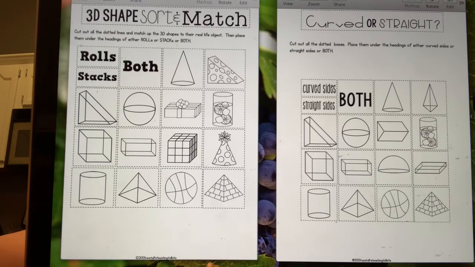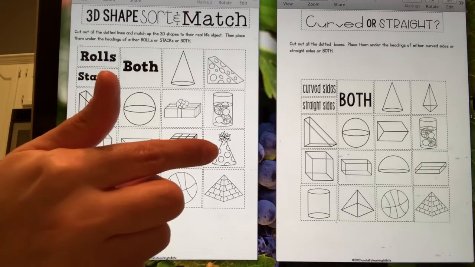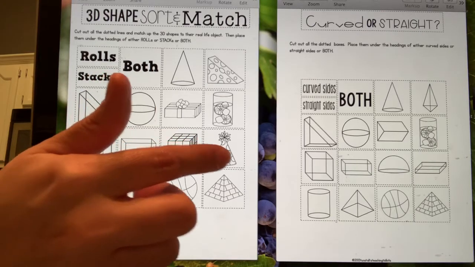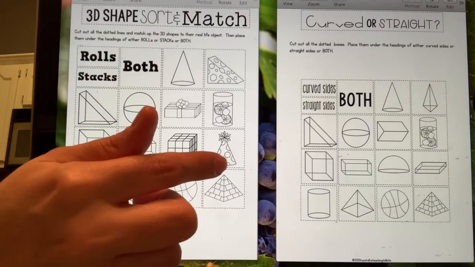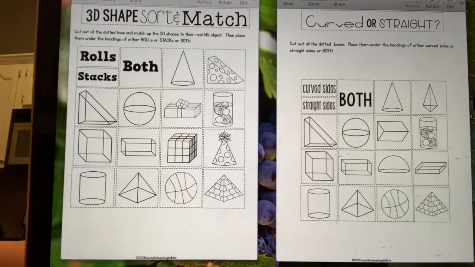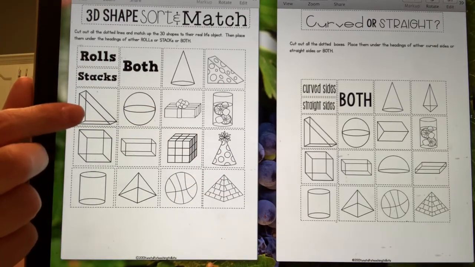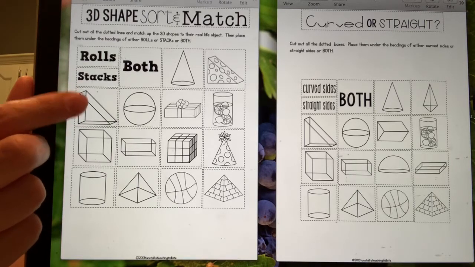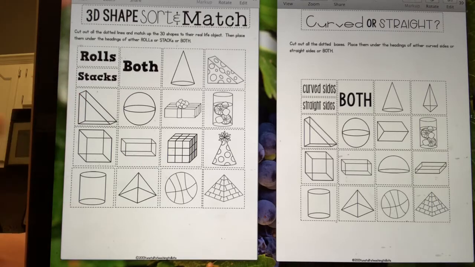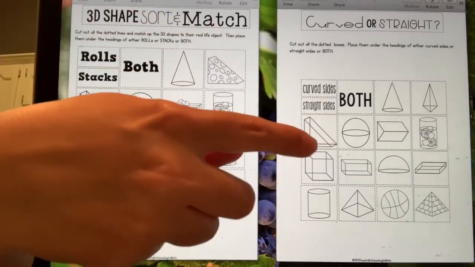So think about, like I told you, with that party hat. It can roll because of that rounded edge, but you can also stack it because it's got that one flat side. Now, we didn't talk about this figure, but I think you guys, using your brain, can figure out whether it can roll or stack. Think about what it looks like and if it has curved or straight sides, okay? This is called a wedge.